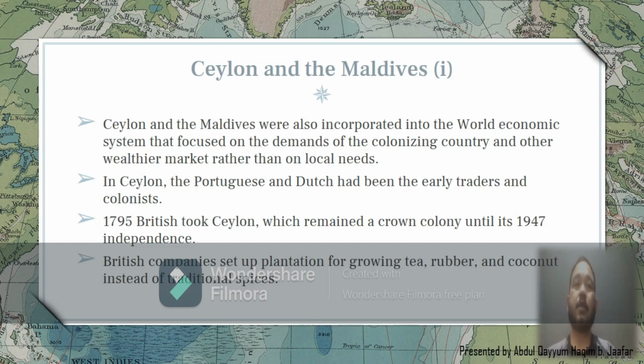In Ceylon, the Portuguese and Dutch had been the early traders and colonizers. In 1795, the British took Ceylon, which remained a crown colony until its 1947 independence. British companies set up plantations for growing tea, rubber and coconut instead of traditional spices.